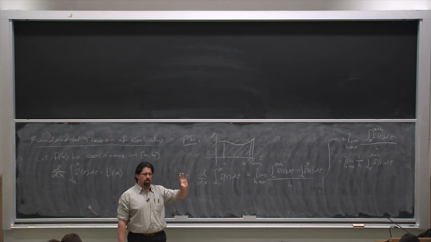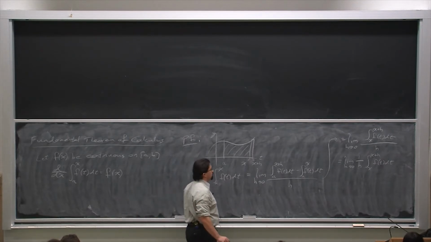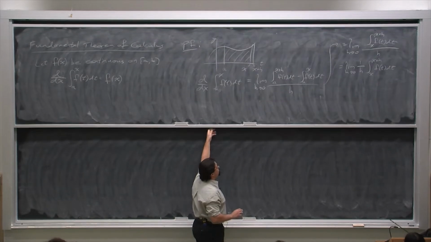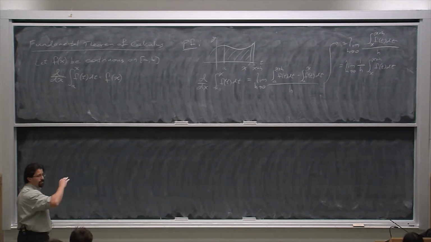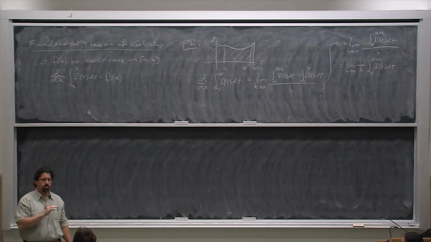Okay, so let's come close to proving that. We're not going to do it perfectly, but we're going to get a sense of it. In our example, our function is increasing from x all the way up to x plus h.